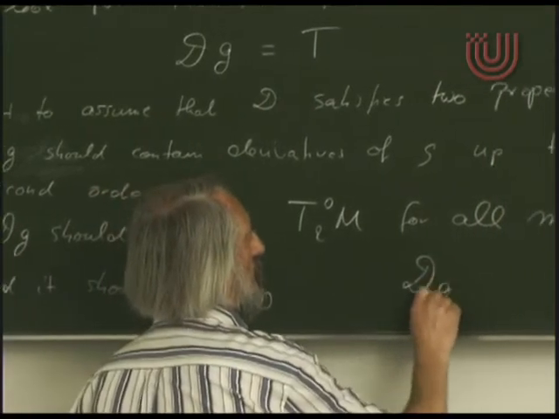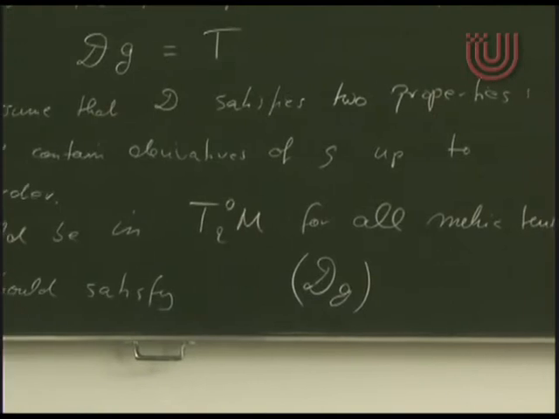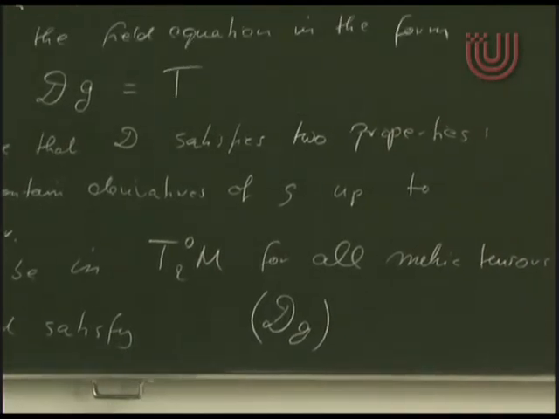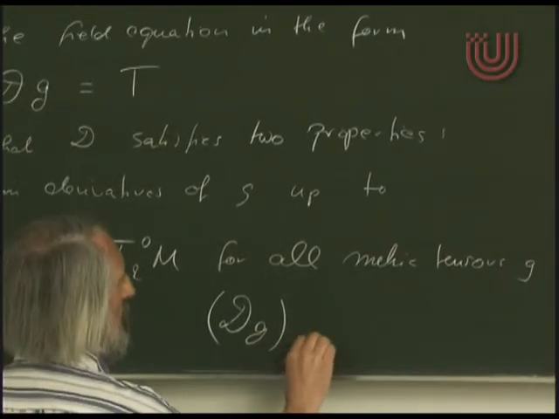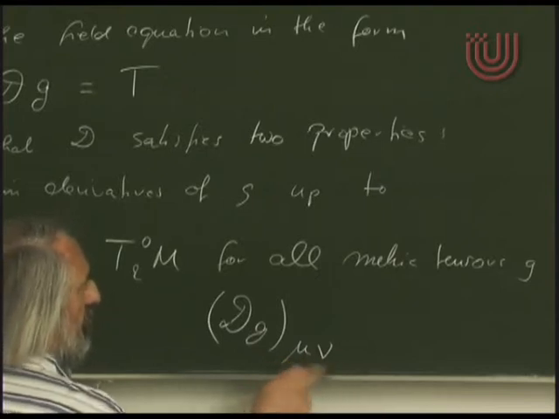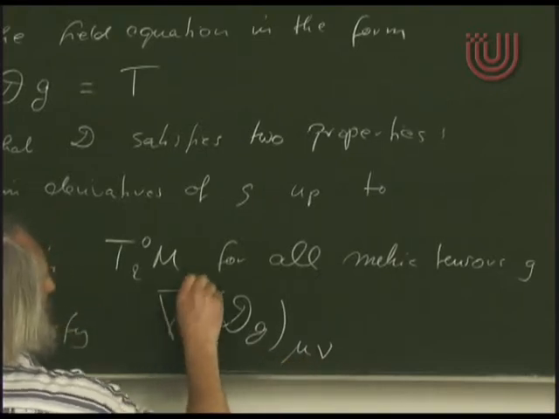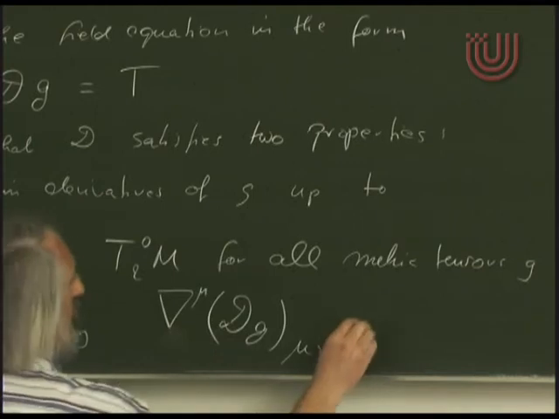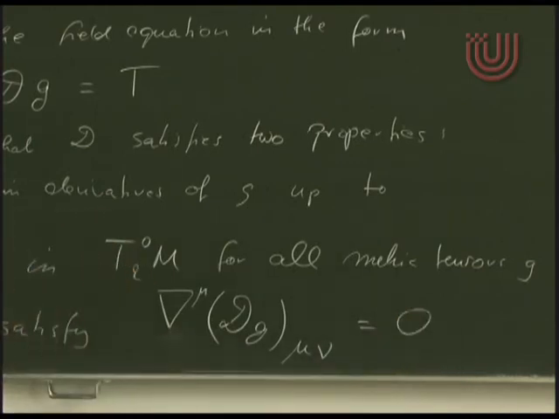So D g should become the energy momentum tensor, and the energy momentum tensor has two indices, right? And it satisfies with the rule of minimal coupling this conservation law if it is a closed system. So this should be satisfied. So for consistency reasons, that's almost mandatory that we should have this condition.